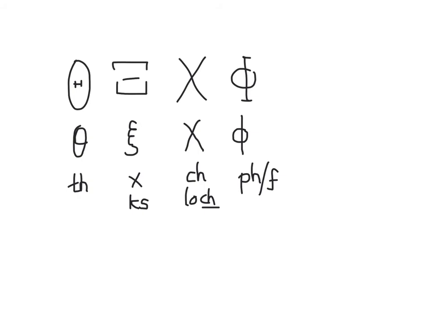Finally, there is the letter psi, and this is written like an upsilon with a vertical line through it, and the capital version is the same but bigger. And this letter we transliterate as PS, and we see this in many English words of Greek origin, such as psychology, psychiatry. They come from a Greek root.